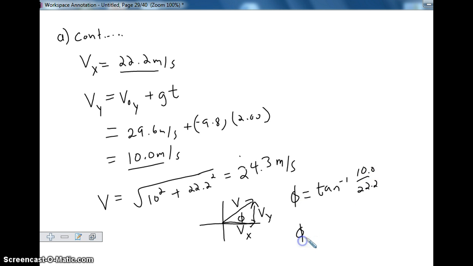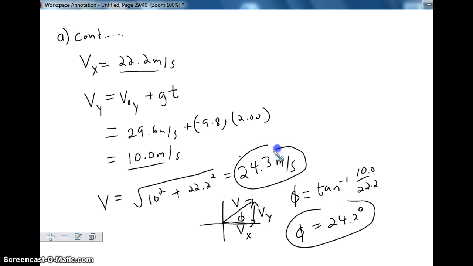And the angle giving us the direction there is going to be 24.2 degrees. Alright, so not a whole lot different than what we've done. Just watch that initial velocity.